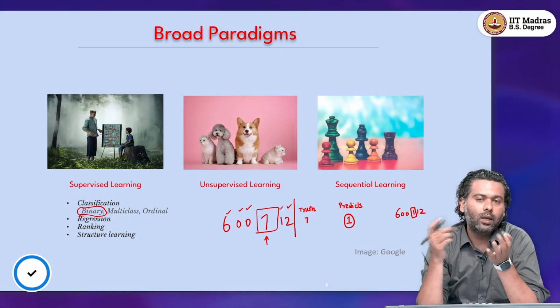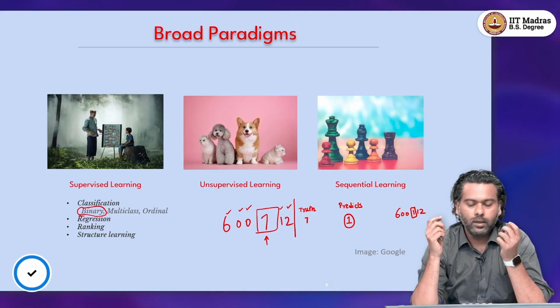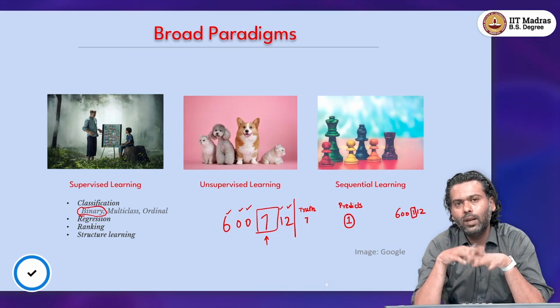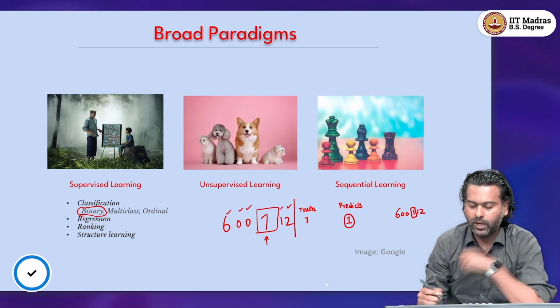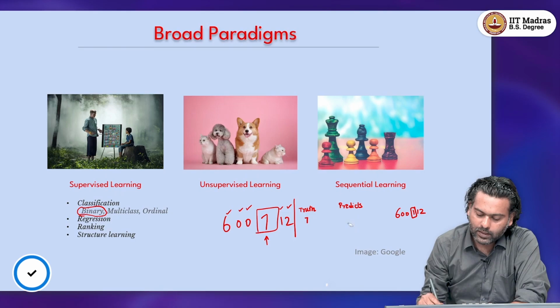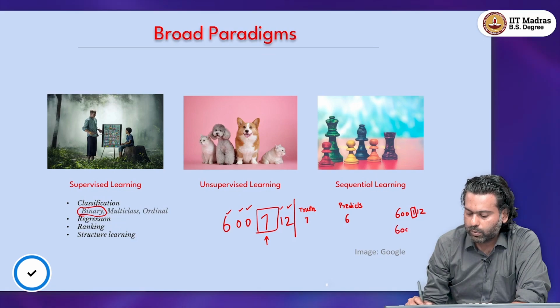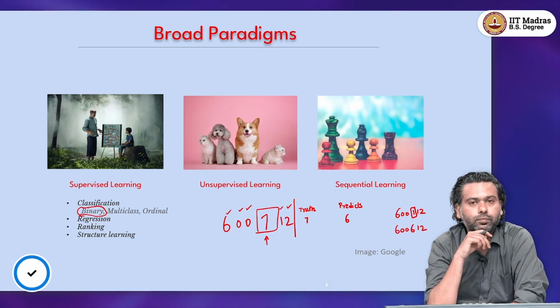Now, that is a mistake, and this is a costly mistake. Let's say, instead of predicting it as 1, here is another algorithm which predicts it as 6, which means I am going to think of my pin code as 600612.